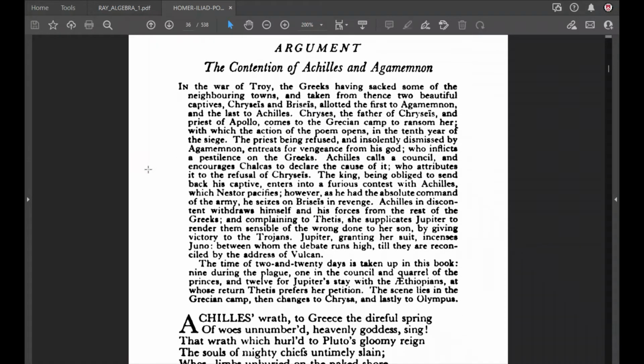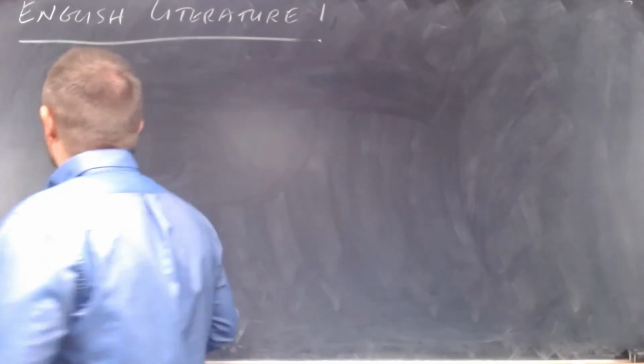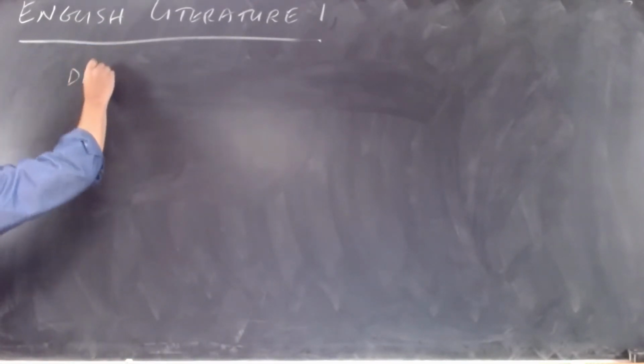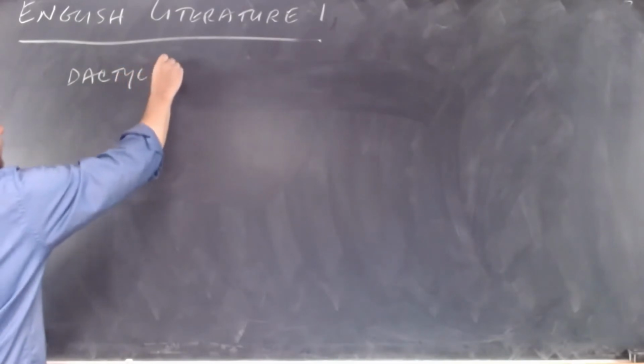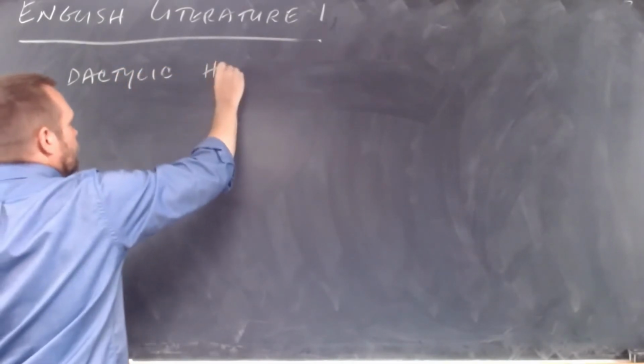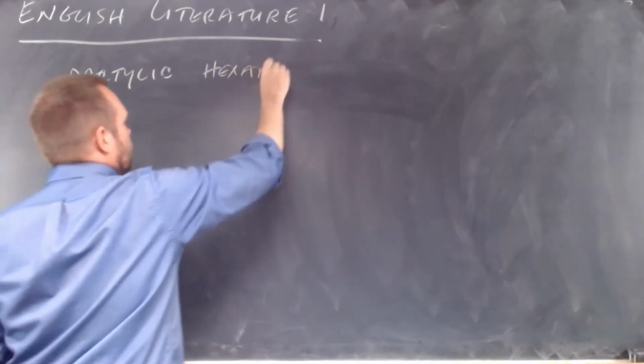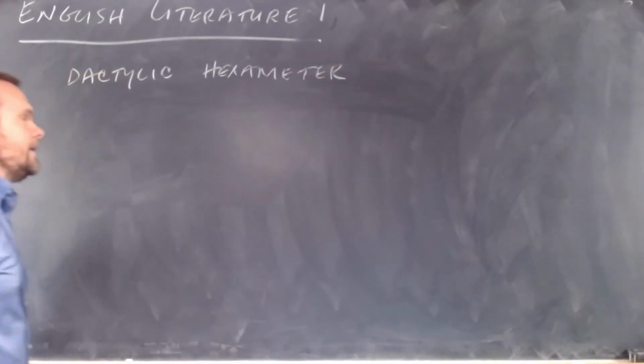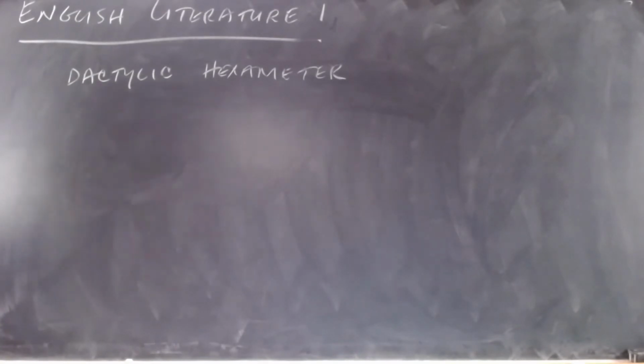And like I said, it was originally written with a meter that was called dactylic hexameter. And that's a big fancy word. Dactylic hexameter. That's the meter or the rhythm that Homer wrote his poetry with.